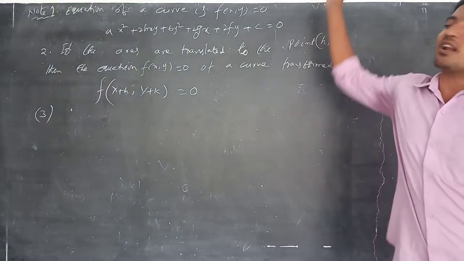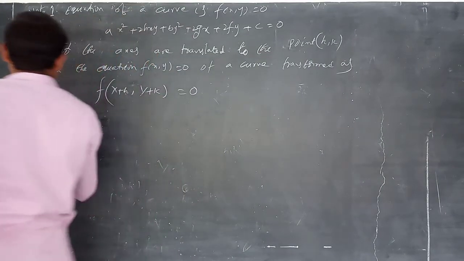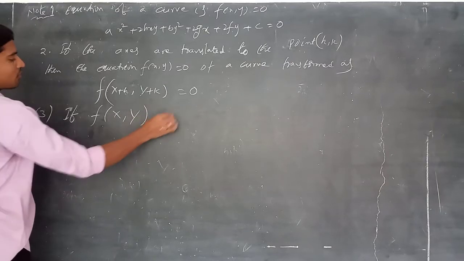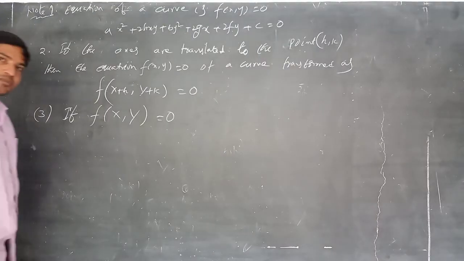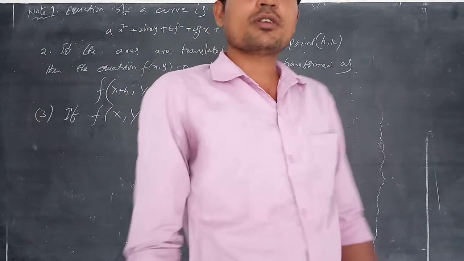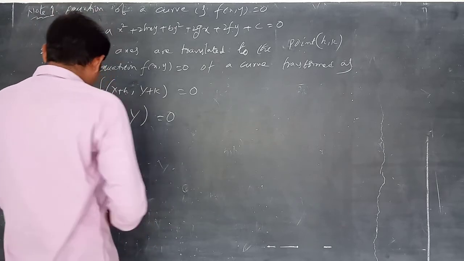Then what is the original form? First suppose that f of capital X comma capital Y equal to 0 has been transformed when the axes are translated to the point h comma k.